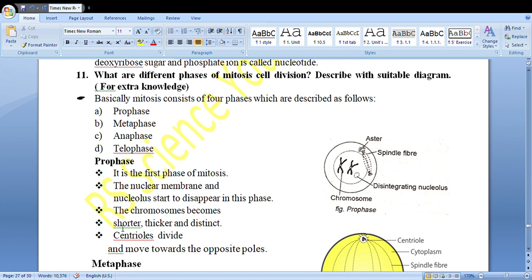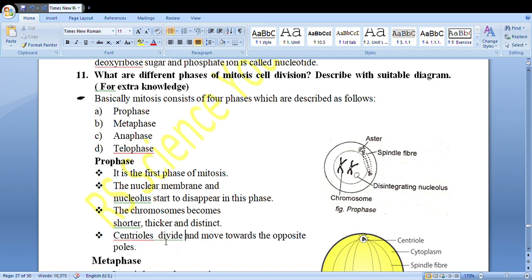Centrioles divide and move towards opposite poles. Centriole means this structure divides.